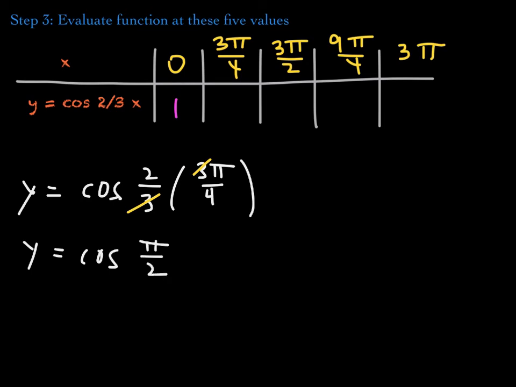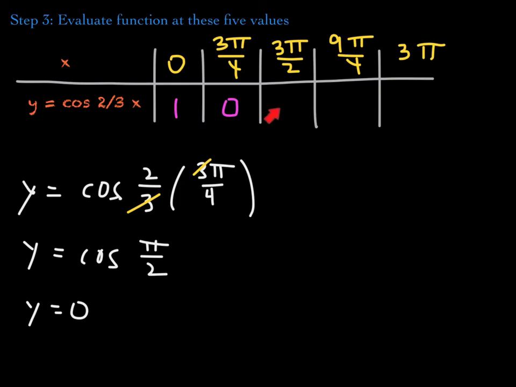And cosine of pi over 2 is just 0. So then y is equal to 0. Y is 0 when your x value is 3 pi over 4. See, that's an x-intercept right there. You started with a maximum, now you're down to an x-intercept.